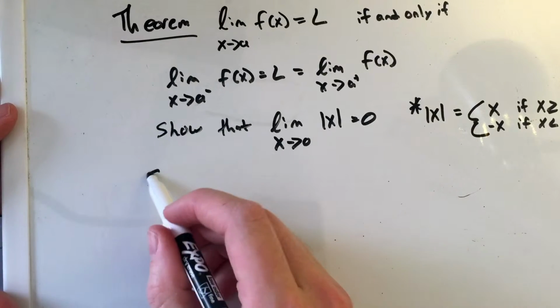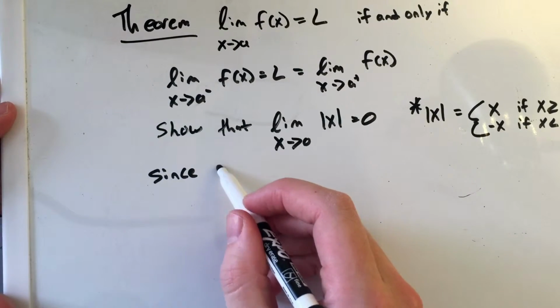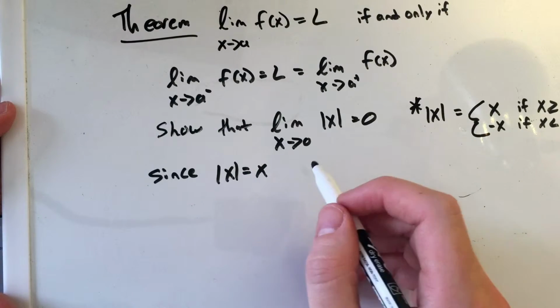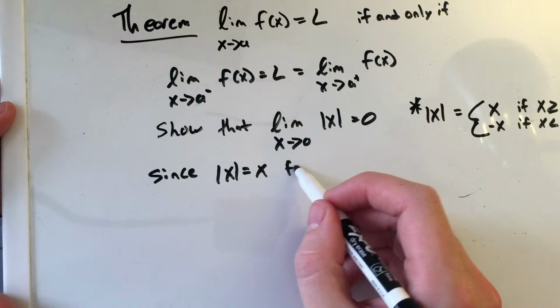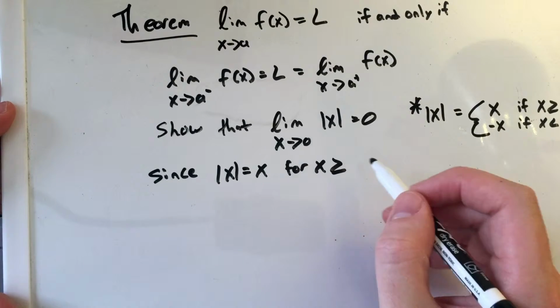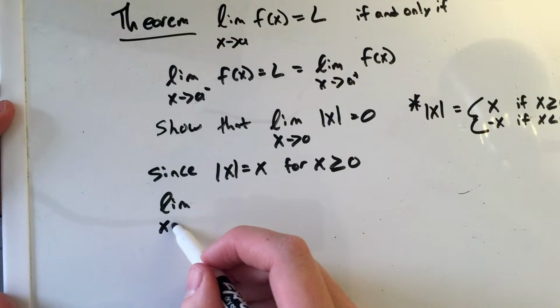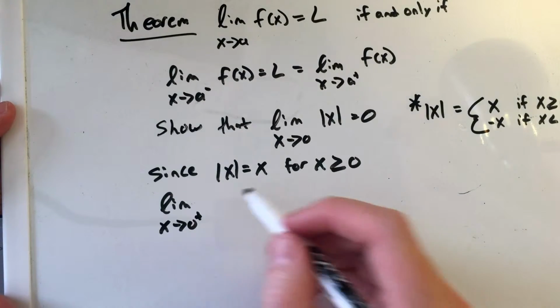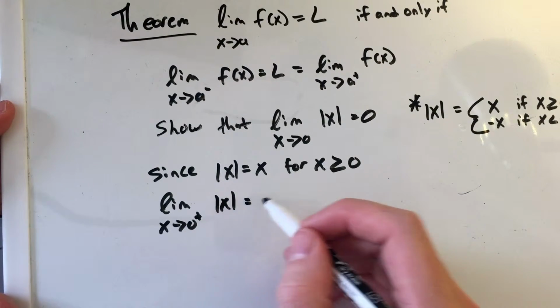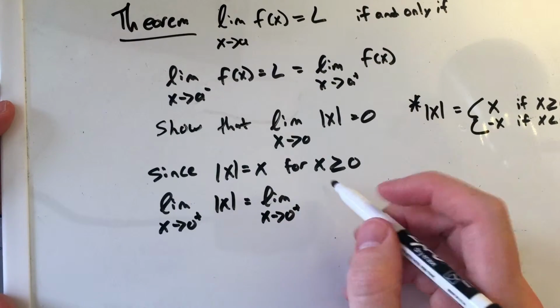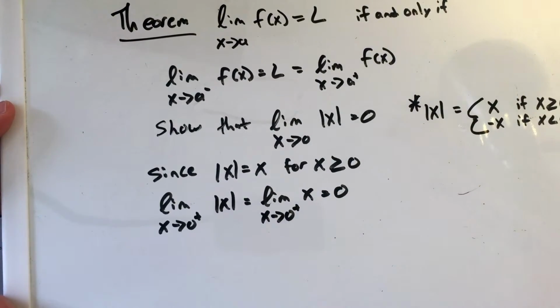So since the absolute value of x equals x for x values greater than or equal to 0, our limit as x approaches 0 from the right of the absolute value of x is equal to the limit as x approaches 0 from the right of x, which we know to be 0.